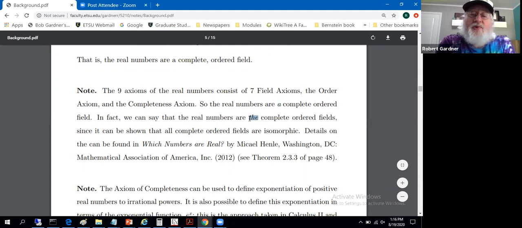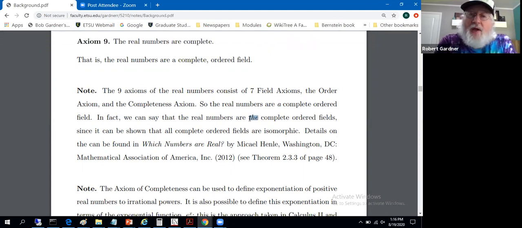Turns out the real numbers are the complete ordered field. In other words, all complete ordered fields are isomorphic. I leave it to you to dig through the details on that from Which Numbers Are Real, an MAA publication from a few years back.